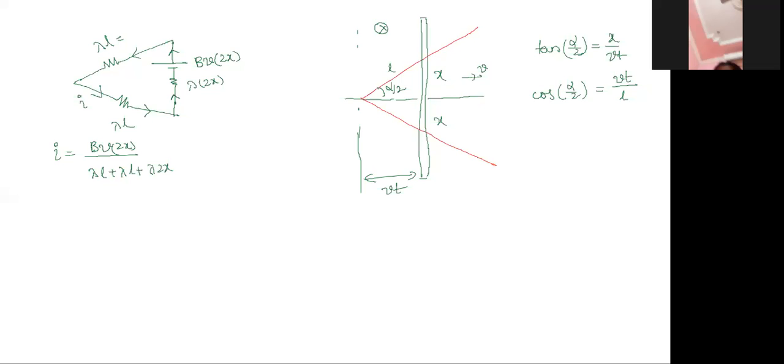Equation 2 minus 1 implies what do we get? VP minus VQ is equal to B omega R square. So obviously VP is greater than VQ. Potential of P is greater than potential of Q.